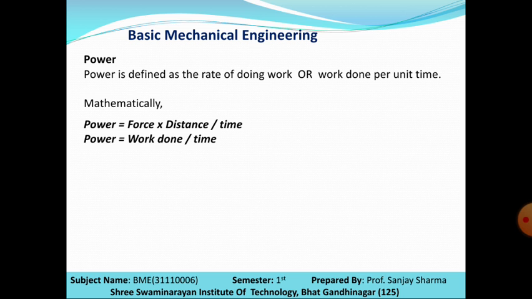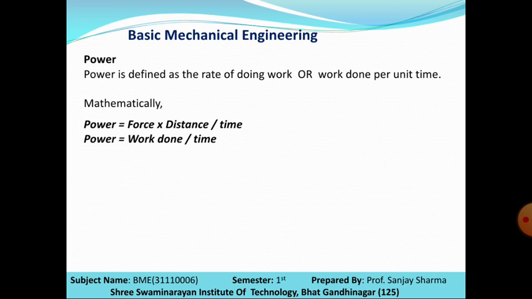So we can say the physically fit person has applied more power to do the work, while the other person has applied less power, or has less power to do the work.